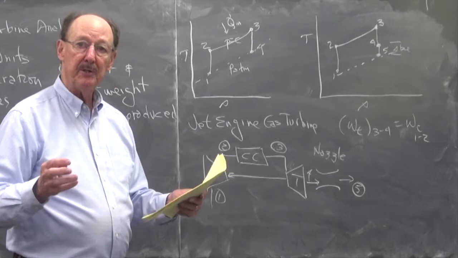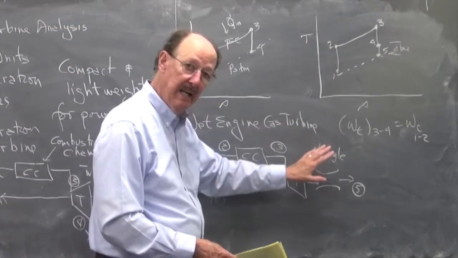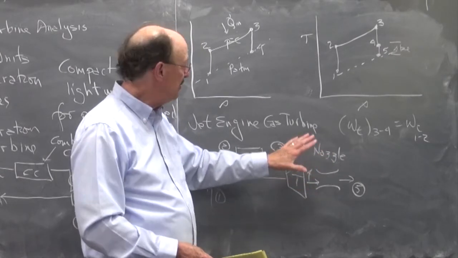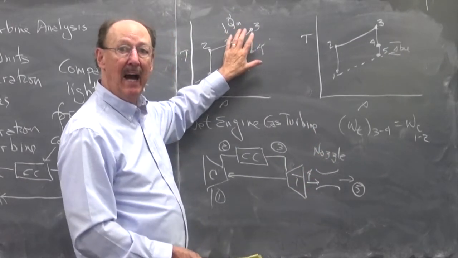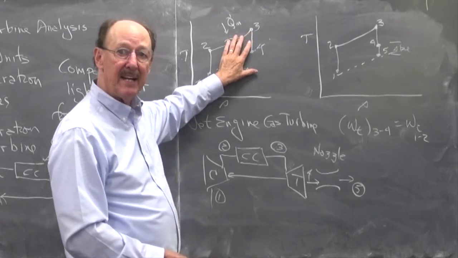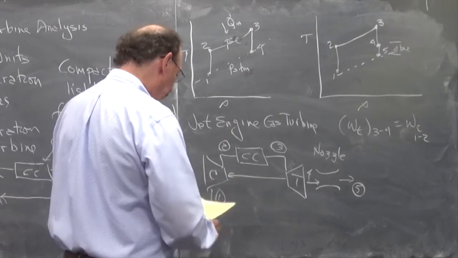And now what we want to do is, so this works this way, and we'll examine more of this towards the end of the chapter. We're going to go now and look at creating an air standard model for the gas turbine power generation. And that's called a Brayton cycle.